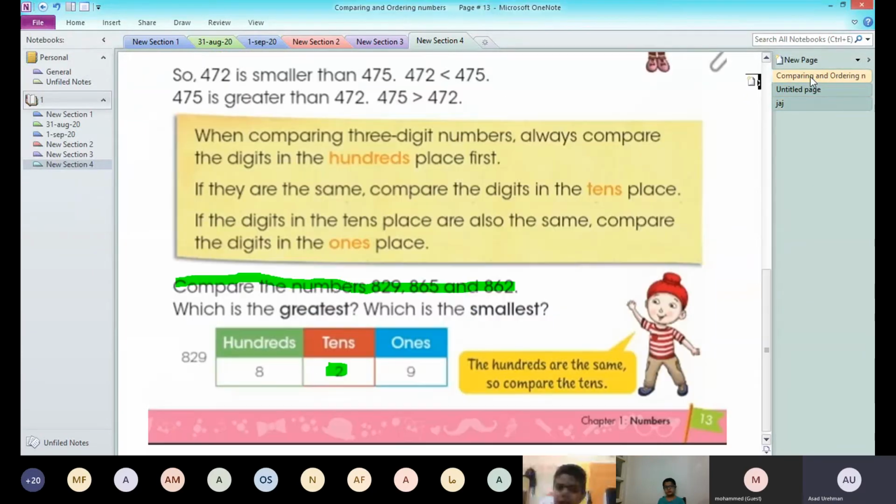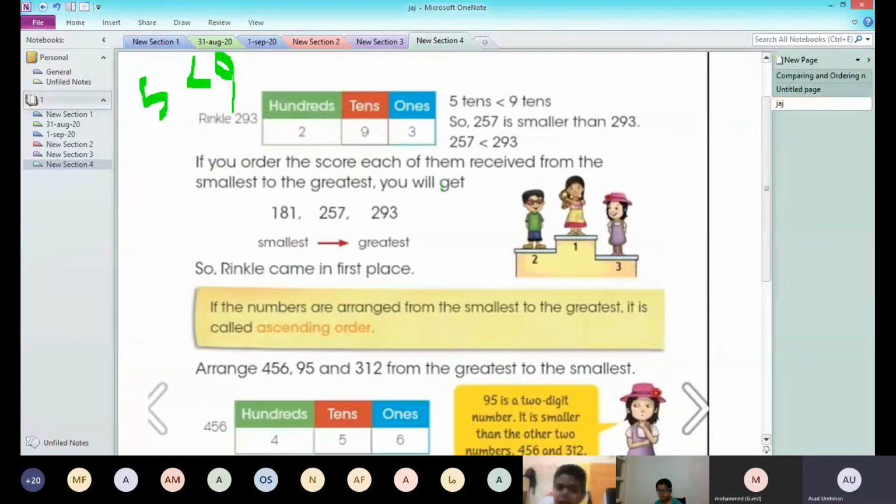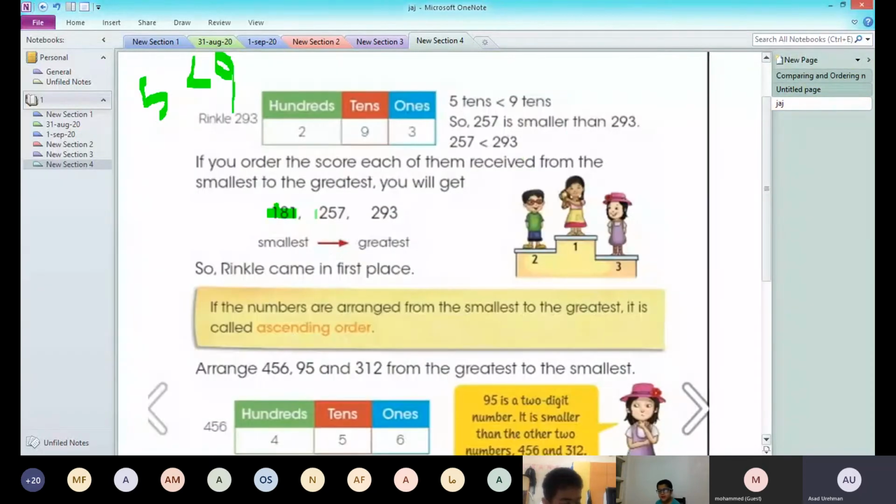So which is the smallest one here? 181. So I will write 181 first. You can see here on page number 15 it is written 181. Then after 181, is 257 or 293 smaller? Because it is having 5 tens, 257 is smaller. So you can see here 257, and in the last the greatest.